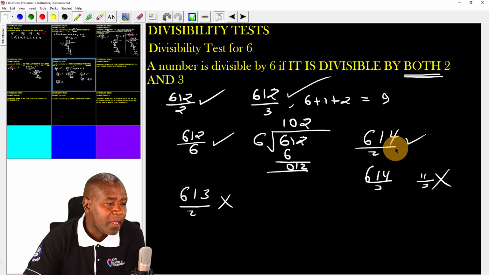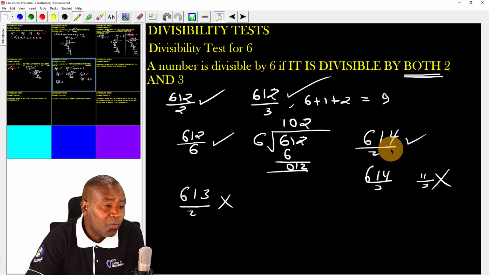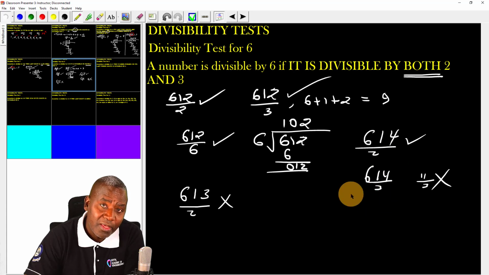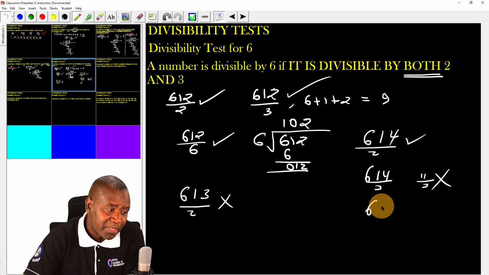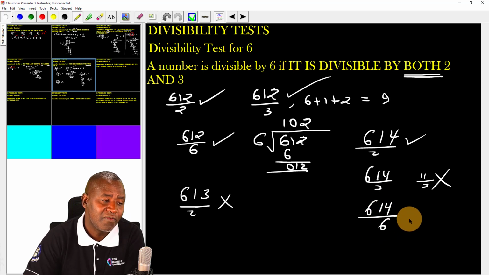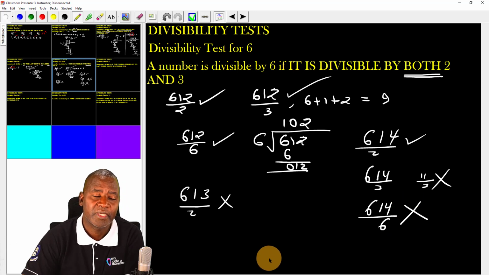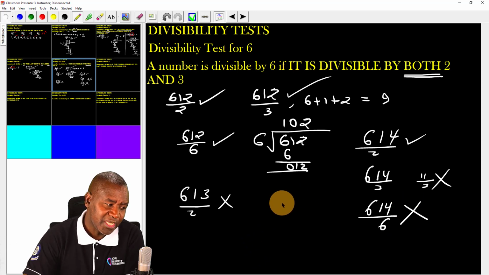So while one of them may work, 614 divided by 2 is possible, so 2 is a factor of 614, but when we test for 3, we find that it fails. That means when we try to divide 614 by 6, it will fail. These tests are like this.